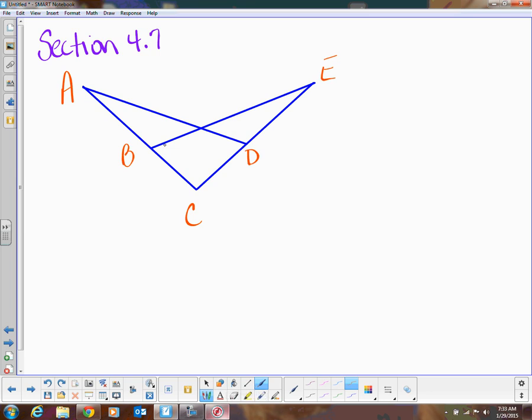Let's make this F. Do you see that there's a triangle ABF and there's a triangle EDF? Do you see those two? Those most likely are congruent. And it's possible that they may have you work with those.